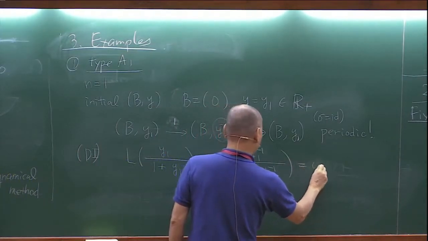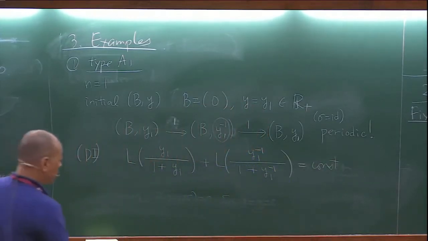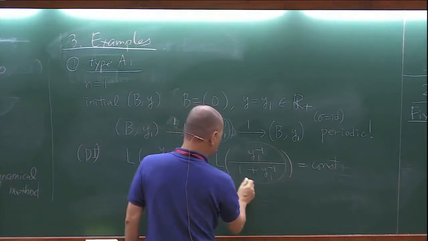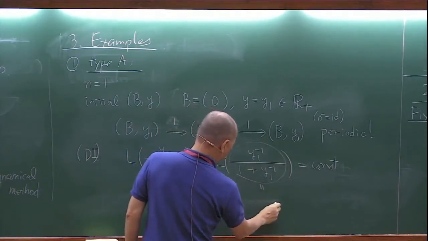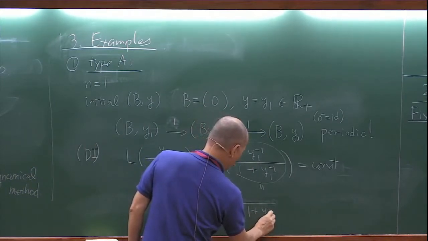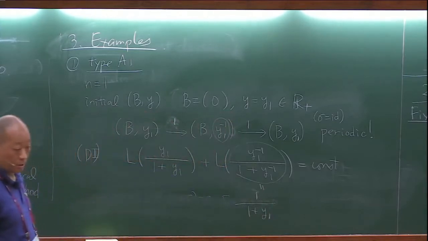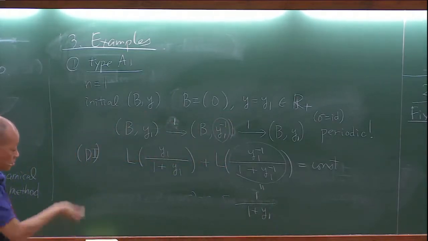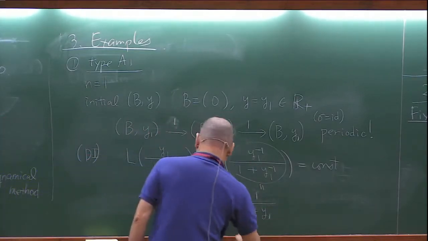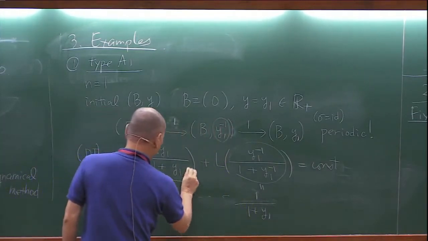And the theorem says this is a constant. But in fact, multiplying y1 to the numerator and denominator, you can write it in the following way. You just multiply this, then you put this x.